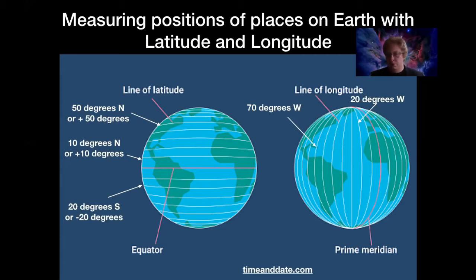It's a little bit arbitrary, unlike the equator, which is actually a very meaningful line, which is what the Earth spins about. We just chose a particular line to be the prime meridian, and we just measure everything based on that. So if you go 2 lines to the left of the prime meridian, that takes you to 20 degrees west. And if you go 7 lines left, that takes you to 70 degrees west. And you go all the way around to 360.